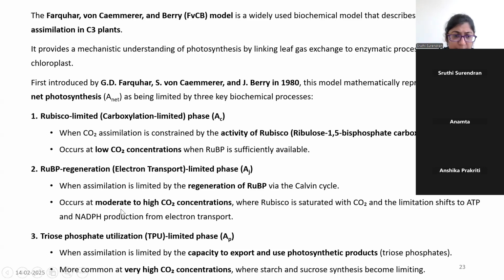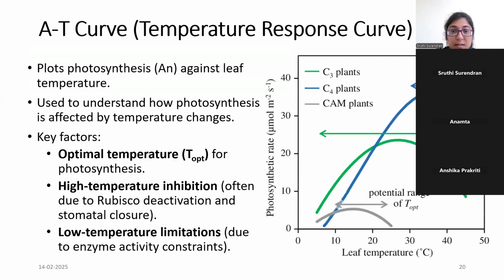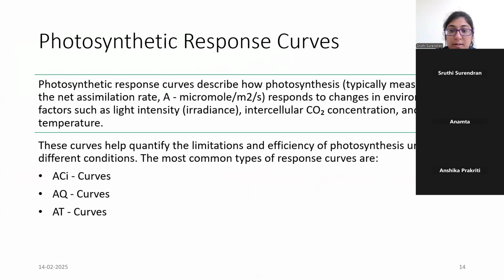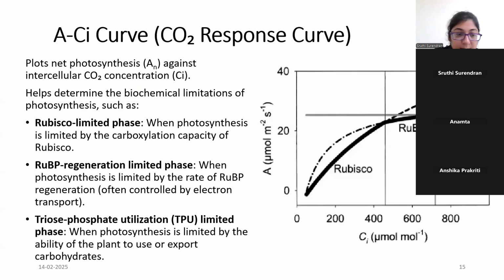This phase is happening at moderate to high carbon dioxide concentration. If you see the A-Ci curve, here it is occurring at low carbon dioxide concentration, here at the moderate part of the carbon dioxide concentration, and here at high carbon dioxide concentration.